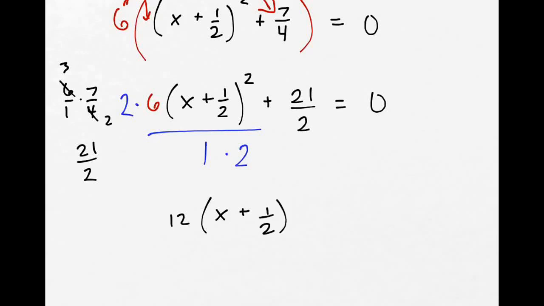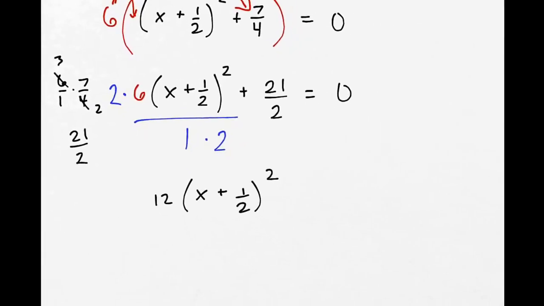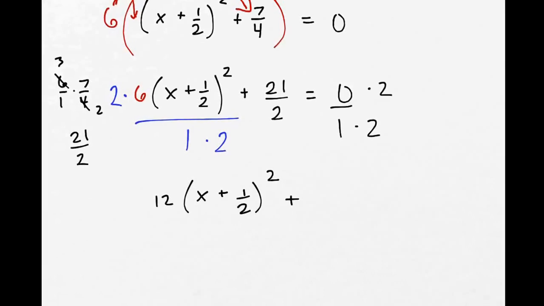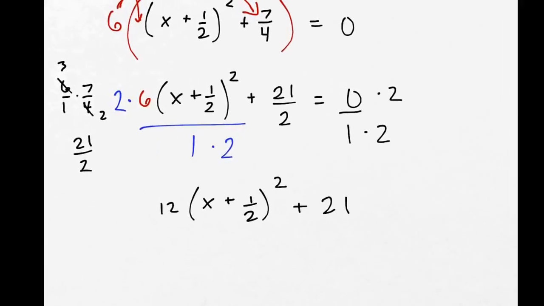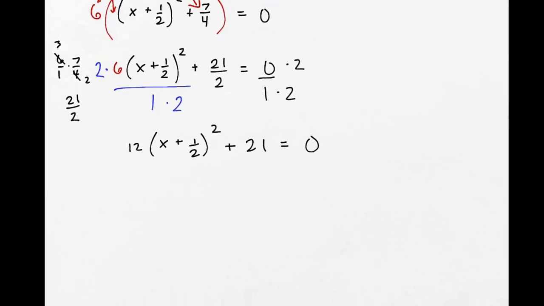It's kind of like this exponent is protecting all of this inside. We don't really do anything with it. And then plus, so I'm getting rid of the denominator, right? That still equals 0. So I have 21 equals 0. There, no more fractions. We know how to solve this.